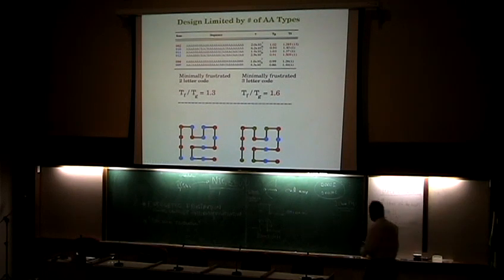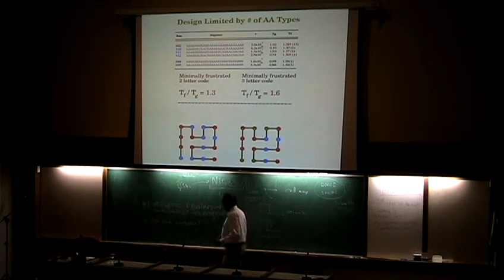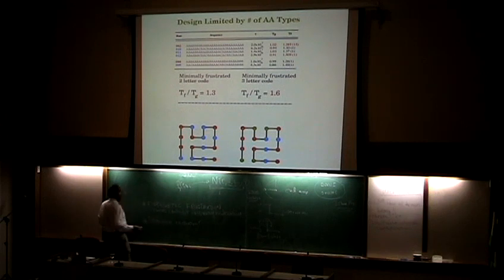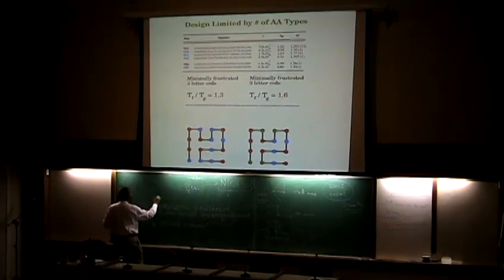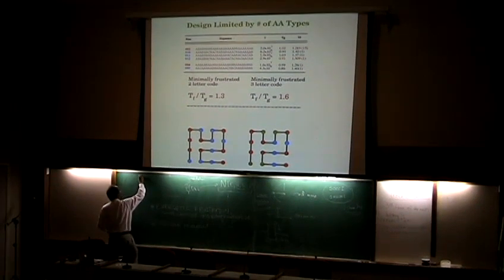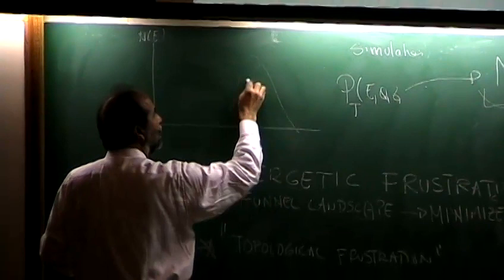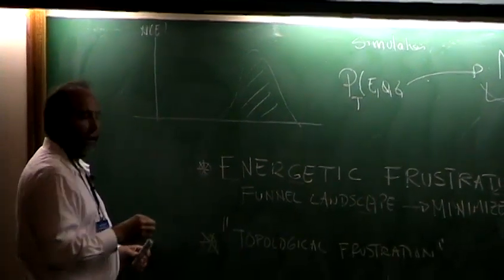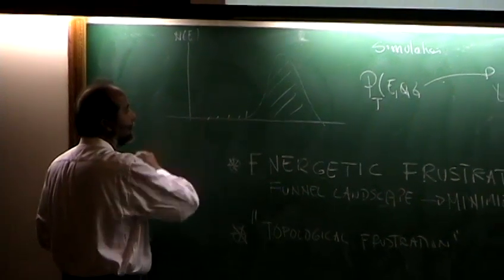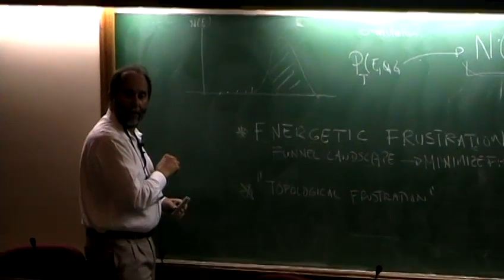On that figure I showed you yesterday, remember the figure I showed you yesterday, just for fun, I'm going to draw here. If I put my density of states as a function of energy, remember I said I have my continuum of states here, and then you have the few states that come towards the native state here. Right?